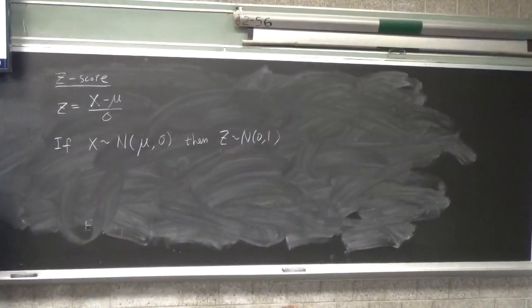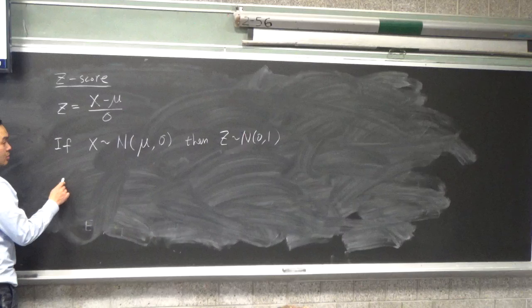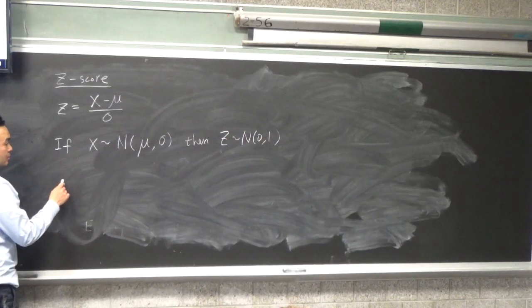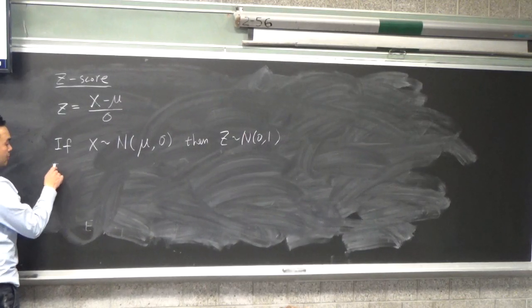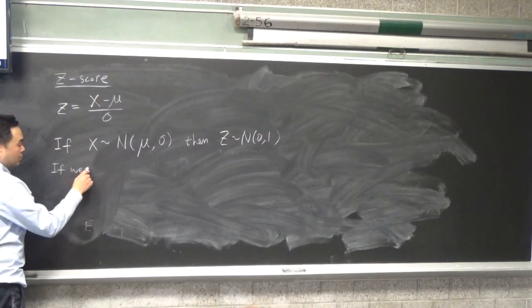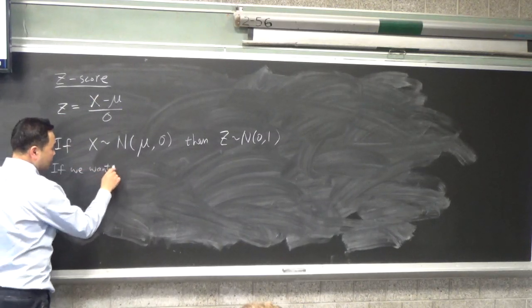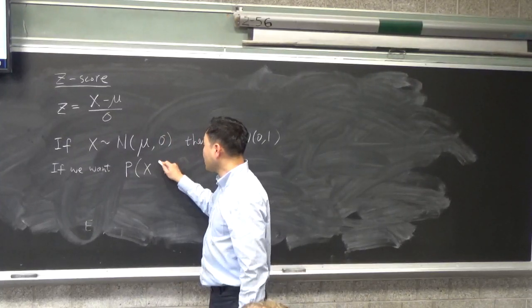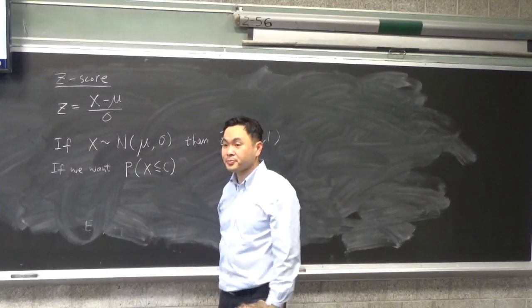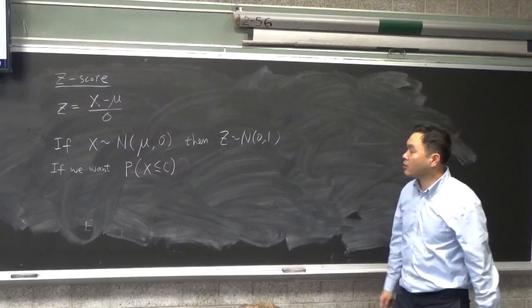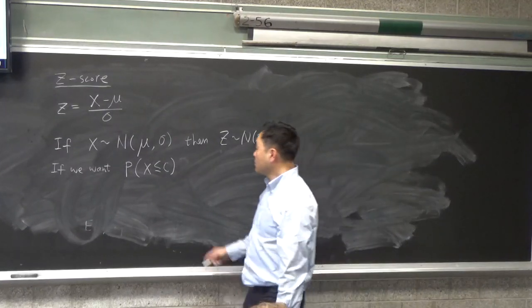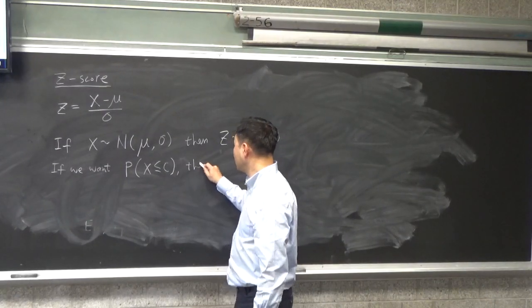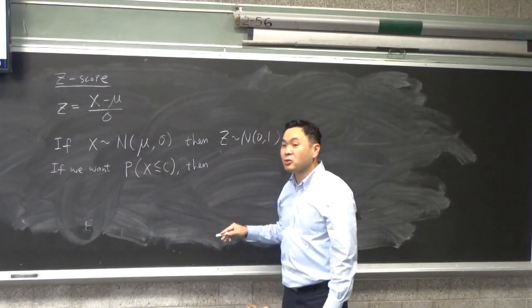So for example, if we want the probability of x less than some value c, then we have two options.